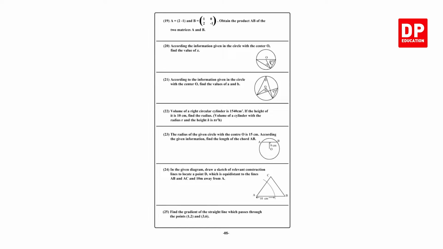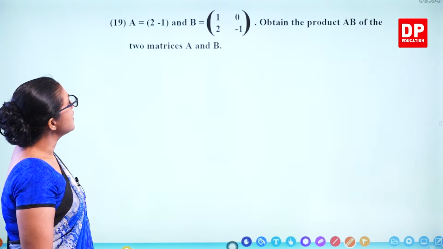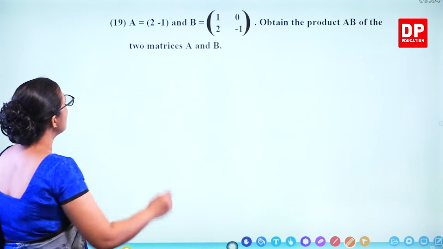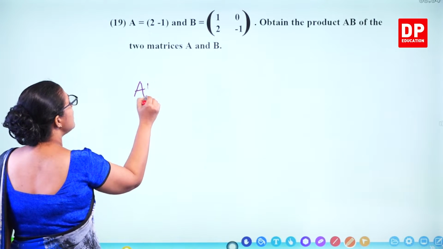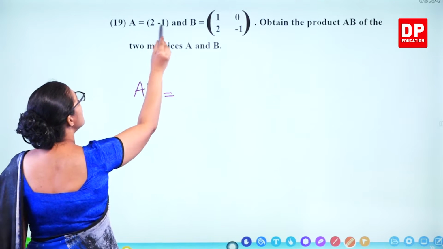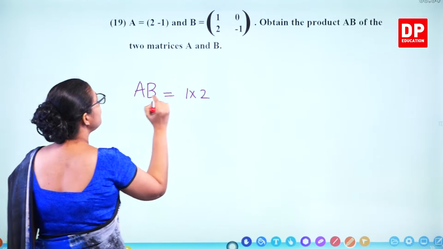Now you can try question 19 to 25. Question number 19. A is given 2 minus 1 and B is 2 by 2 matrix. Obtain the product AB of the two matrices. We need to first identify whether you can multiply. A is 1 row, 2 columns, 1 into 2.